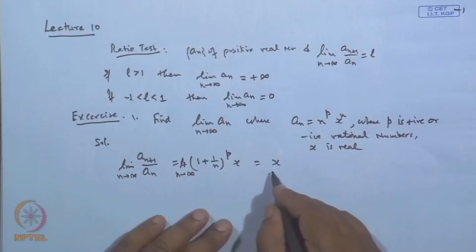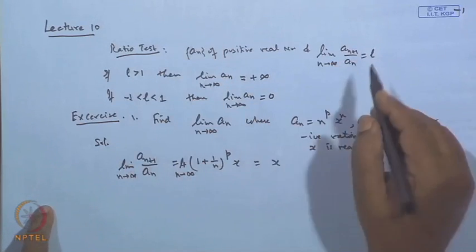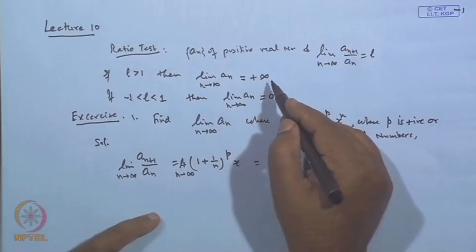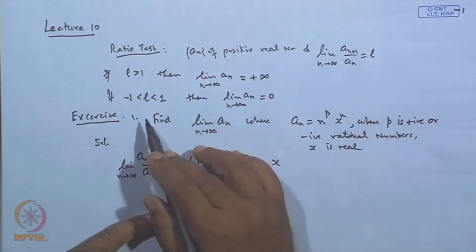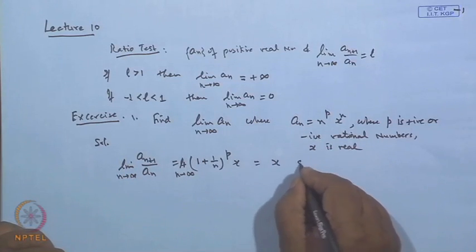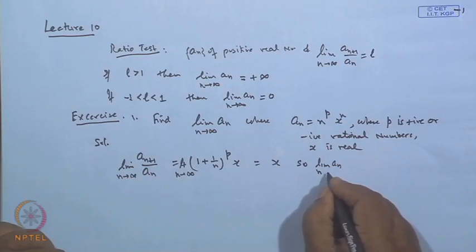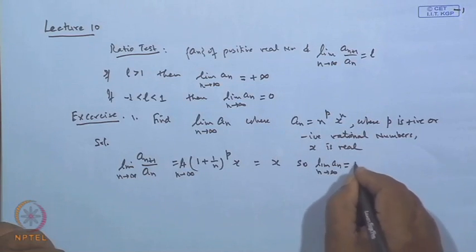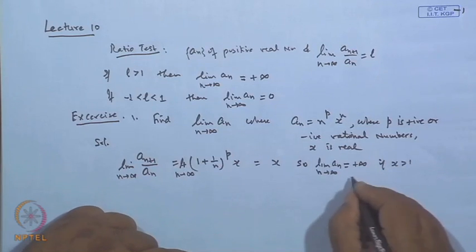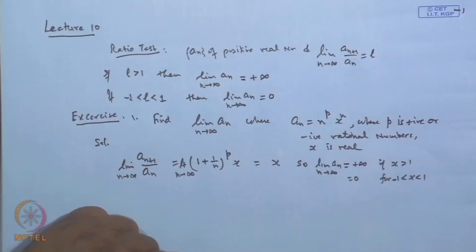So, when x is greater than 1, according to the ratio test, if the limit of a n plus 1 over a n is L, where L is greater than 1, the limit of a n will be plus infinity. When L lies between minus 1 and plus 1, the limit will be 0. So, the limit of a n is infinity if x is greater than 1, and 0 for x lying between minus 1 and plus 1.